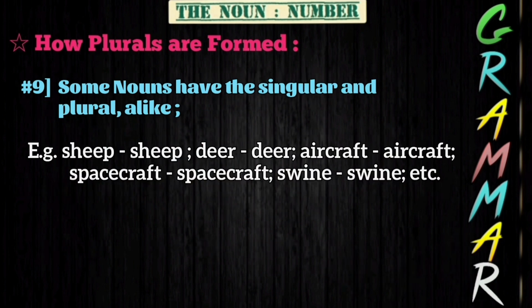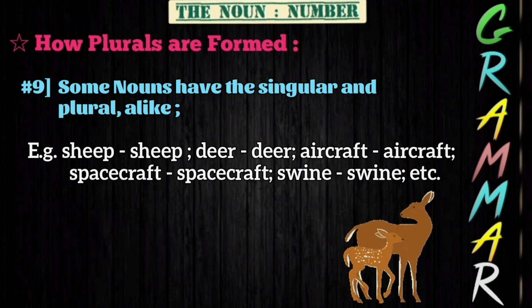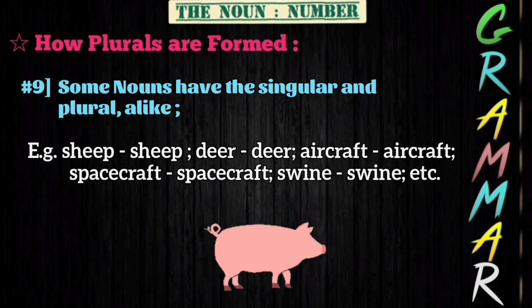Next rule, some nouns have the singular and plural alike. For example, the plural of ship is ship. The plural of deer is deer. The plural of aircraft is aircraft. The plural of spacecraft is spacecraft. The plural of swine is swine.